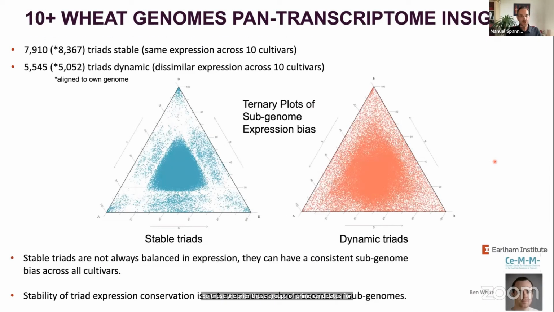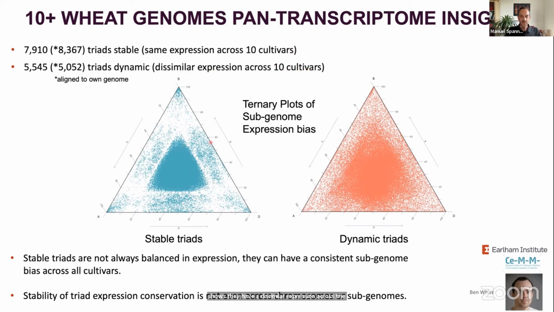One more thing that I want to show you here is looking at triads. Triads are the orthologous genes between the A, B, and D subgenomes. So you can think about the copy of the same gene across the 3 different subgenomes. And looking at them, you can either define them as stable, and that means they show the same expression across all the 10 cultivars, or they are dynamic, and that shows they have a dissimilar expression across the 10 cultivars.